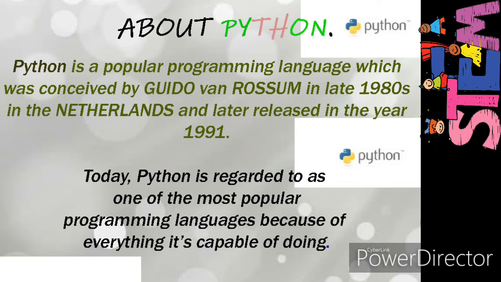Python is a popular programming language which was conceived by Guido van Rossum in the late 1980s in the Netherlands and later released in the year 1991.